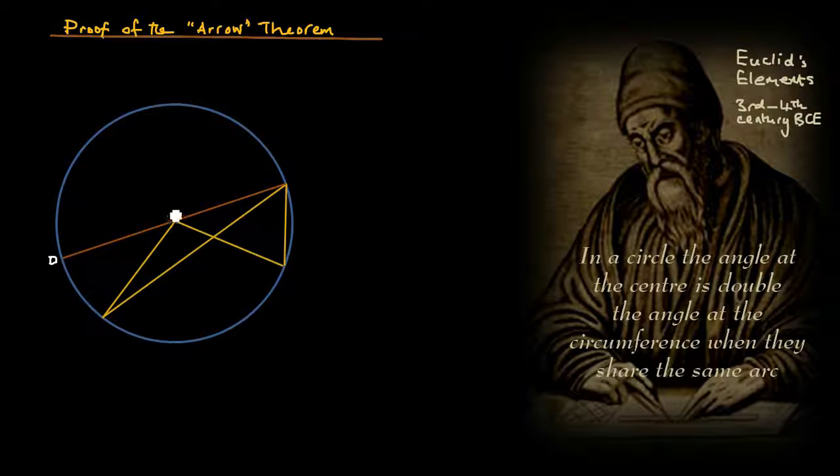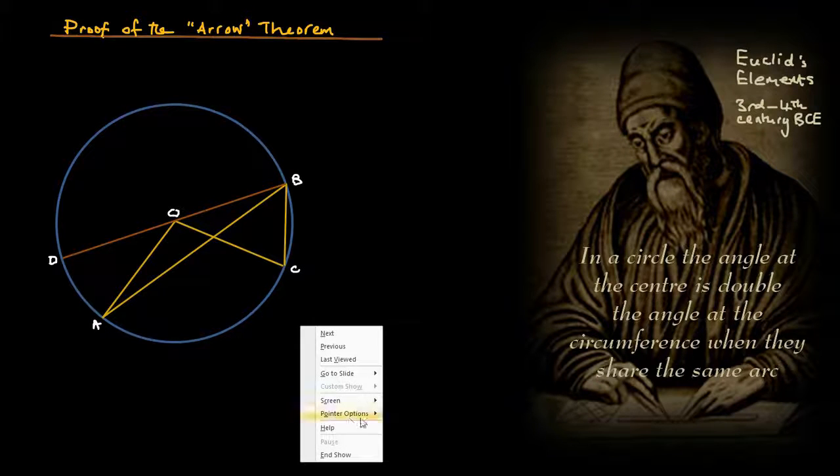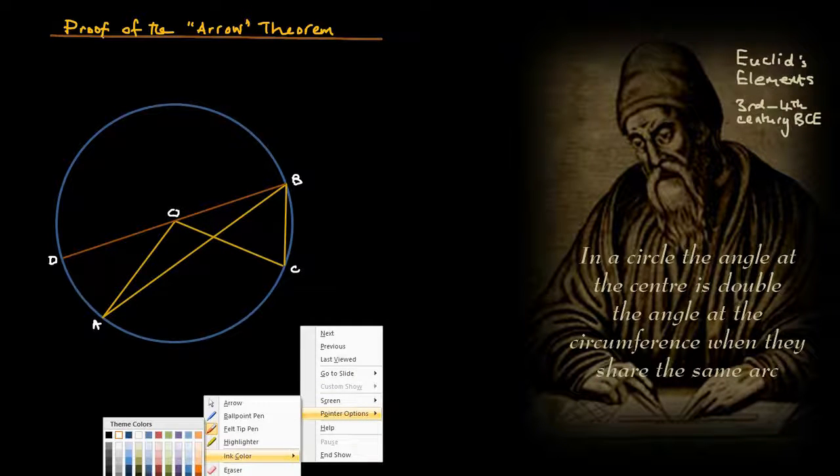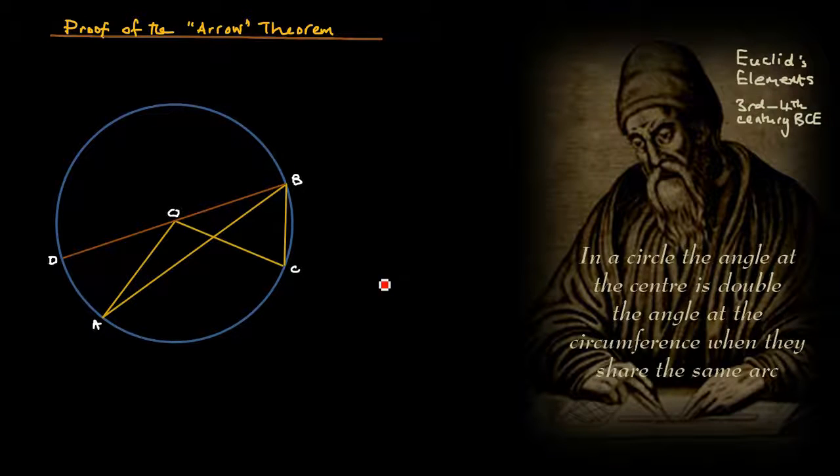So if I call this point D, and again we'll have the centre here, and although they're not a triangle, we'll still label this A, B, C. Now the situation here, if I just indicate it in colour so you can see very clearly what's going on, is that by the same reasoning, we've got this sort of flag shape here.